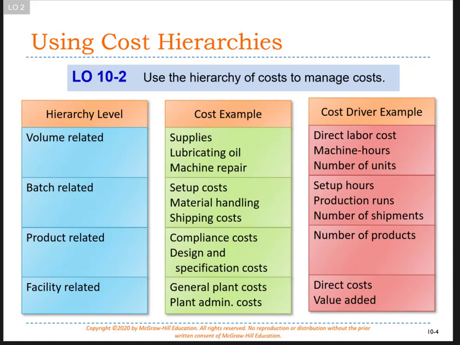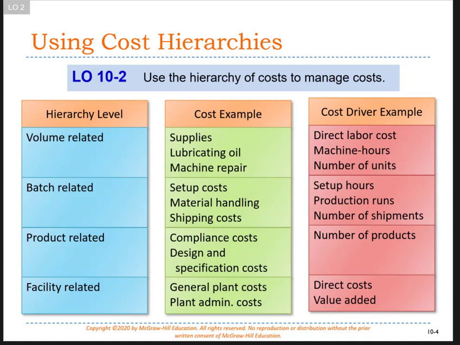If the cost is caused by volume, then we look to become the most efficient at that volume. Okay? If it's batch related, then we are thinking in terms of maybe we can do more in a batch so that we make the cost to set up the batch more efficient because the batch runs for longer.